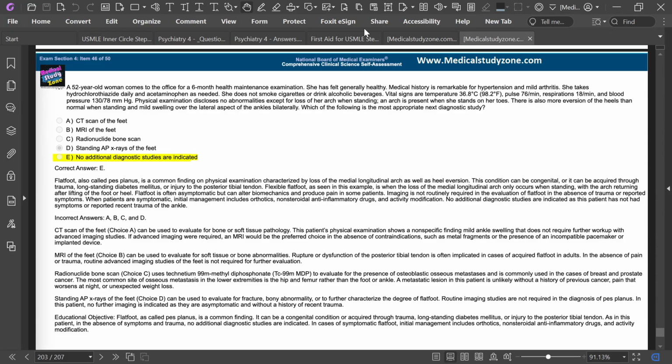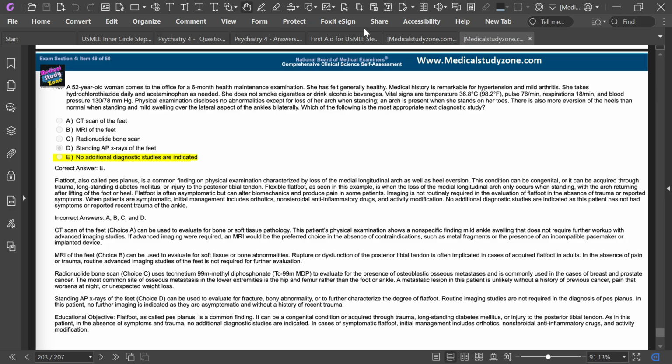If advanced imaging were required, MRI would be preferred in the absence of contraindications such as metal fragments, an incompatible pacemaker, or other implanted device.